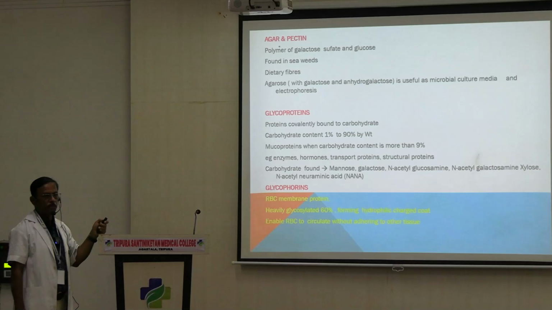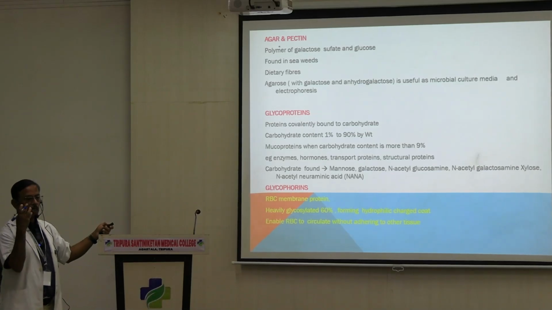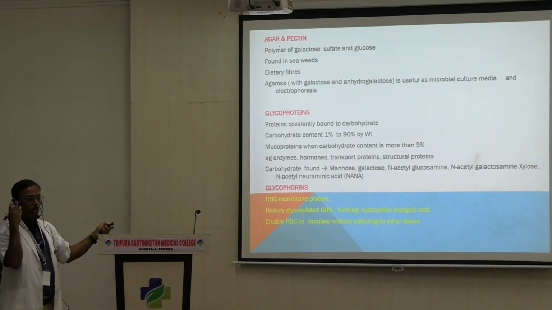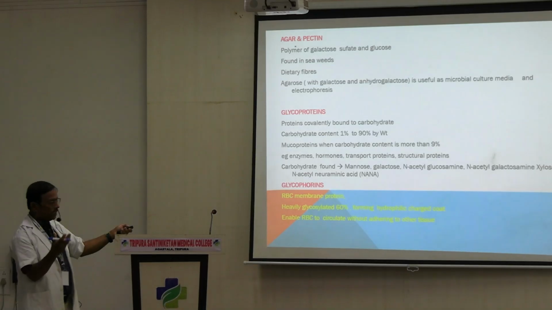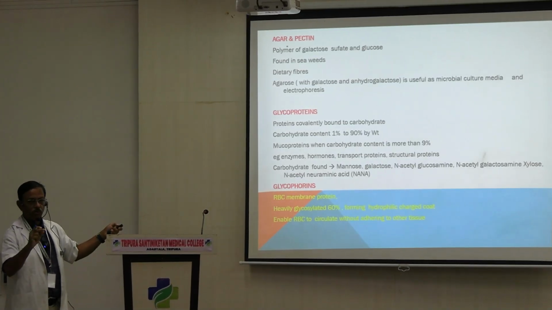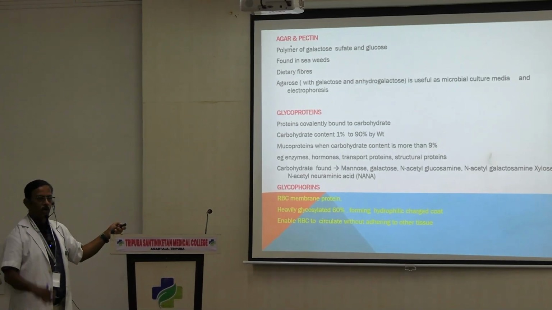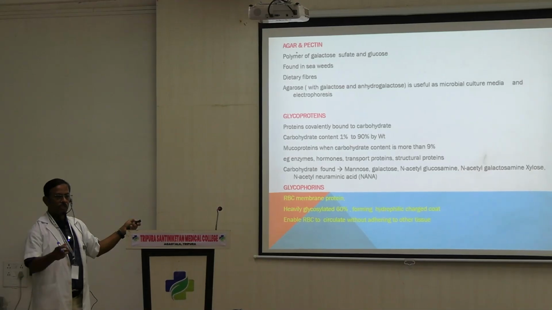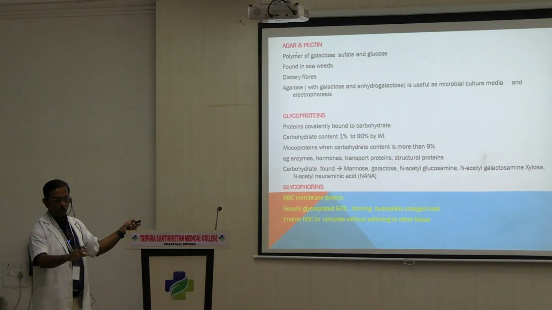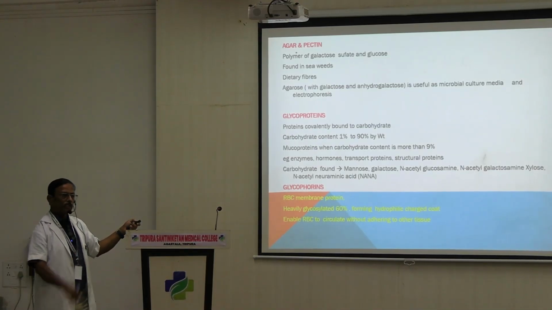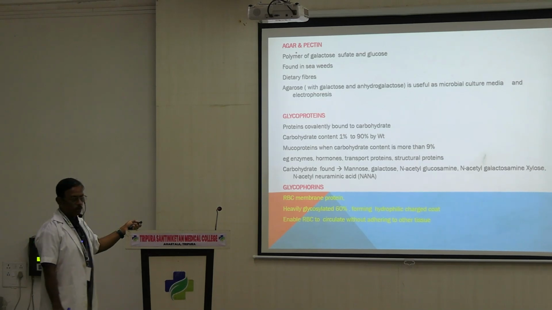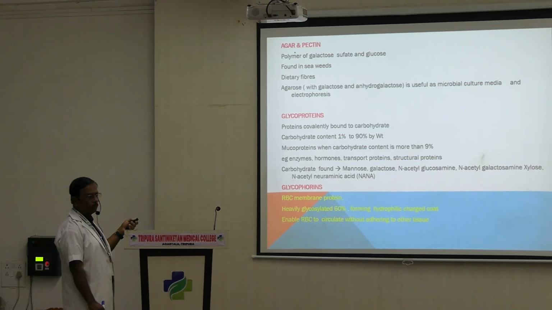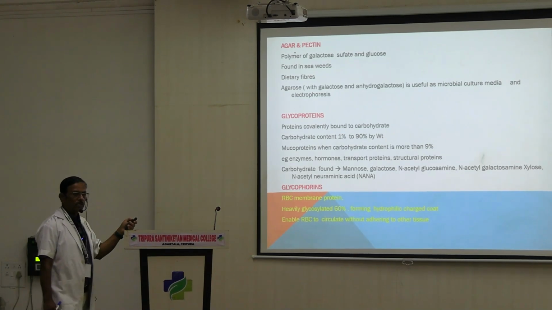When you go to the microbiology department, you will see that culture media preparation is there, where we put the organism and allow it to grow and see what antibiotics act on that. Okay, so that culture media is prepared from agarose. And electrophoresis, one test is there.